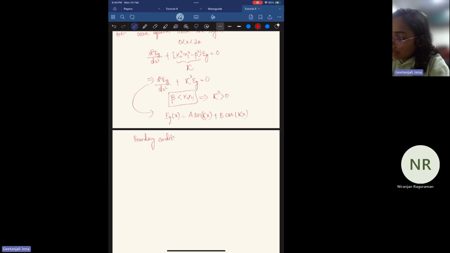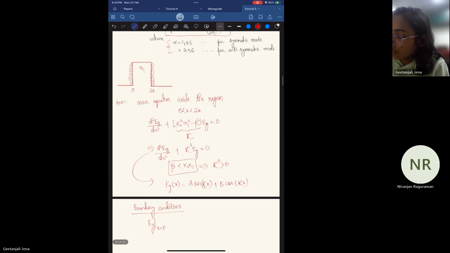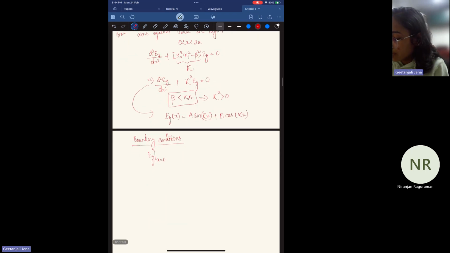What is the boundary condition here? It's a perfectly reflecting metal surface. That means at the interface, at x equal to 0 and here, the field should be 0 beyond this value. So Ey(x) at x equal to 0 should be 0, and Ey at x equal to 2a should be 0.